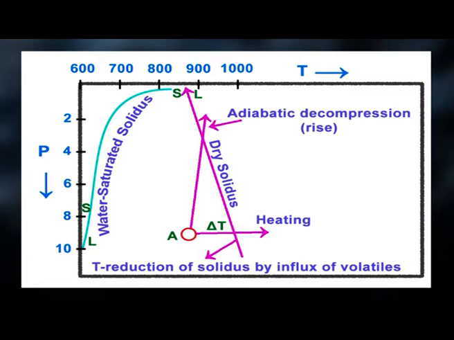S denotes solid, L denotes liquid of a crustal rock. For mantle rocks, material A is below the solidus and is completely solid. By changing any one of the agents, we can perturb the situation so that melting takes place.